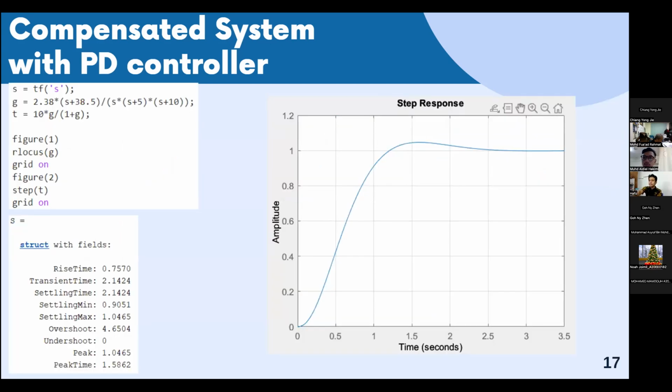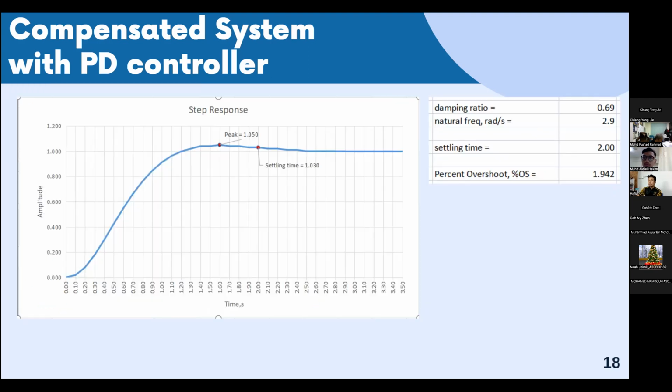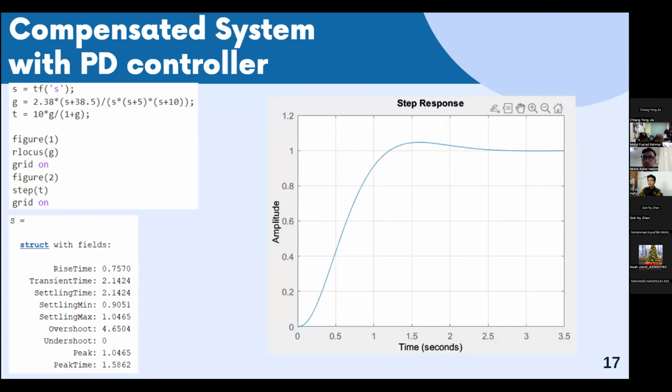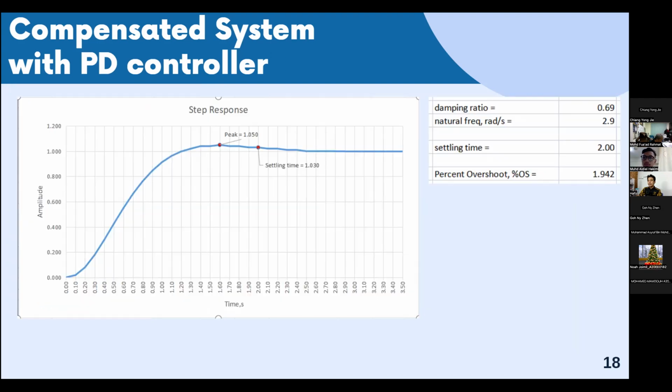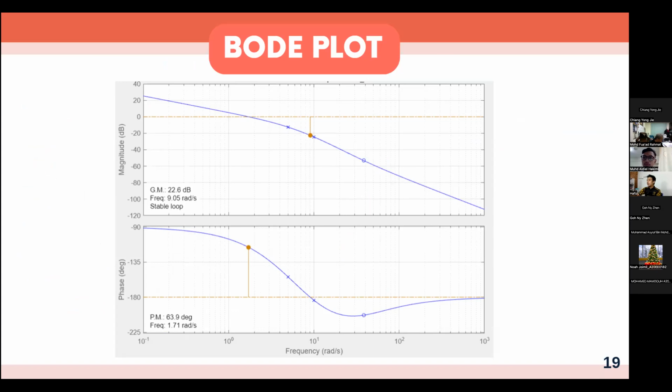From MATLAB we got 4.6%. Meanwhile from the Excel we got 1.942, which is expected to be a bit different. And this is both plots. We can see the gain margin and phase margin.